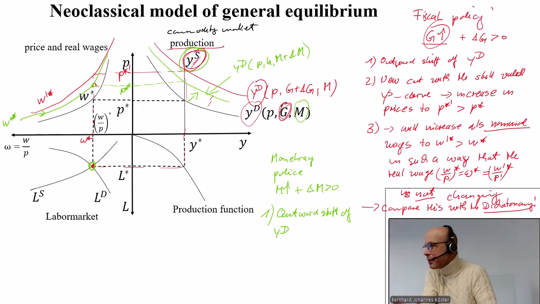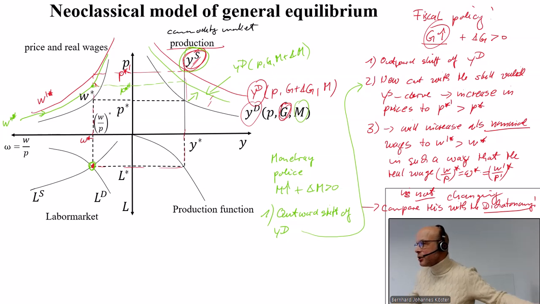Well, and then the argumentation is totally the same as we have done this already, arguing within the fiscal policy argumentation. Again, what just happens in the economy is inflation.